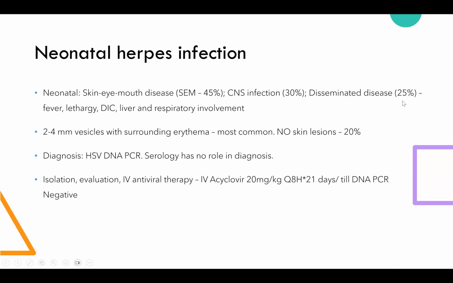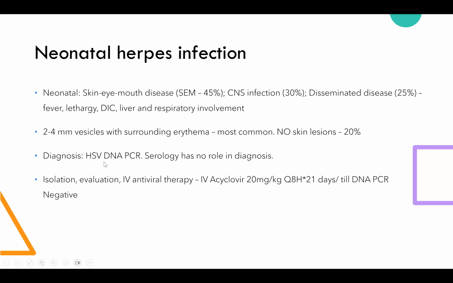Disseminated disease presents as sepsis only: fever, hypothermia, lethargy, DIC, liver involvement, hepatitis, or conjugated hyperbilirubinemia, and respiratory involvement. The skin lesions will be 2 to 4 vesicles with surrounding erythema, that is more common. However, they can present just with CNS infection or disseminated disease with no skin lesions in around 20%.